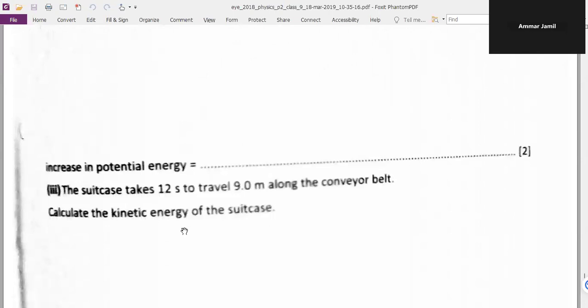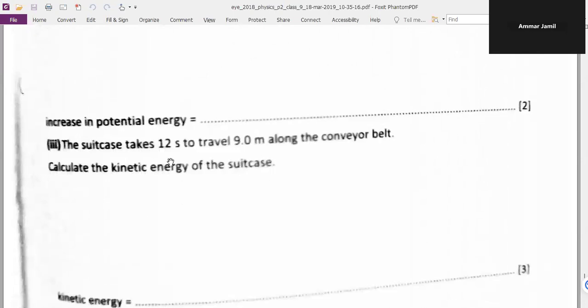Now this question says that the suitcase takes 12 seconds to travel 9 meters. And this question is asking you to calculate the kinetic energy of the suitcase.